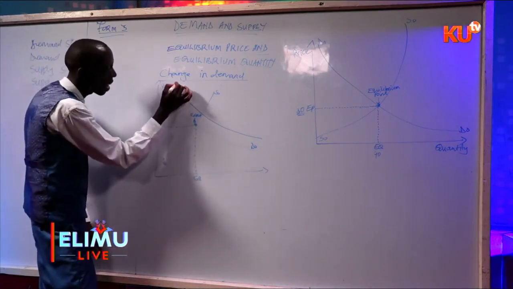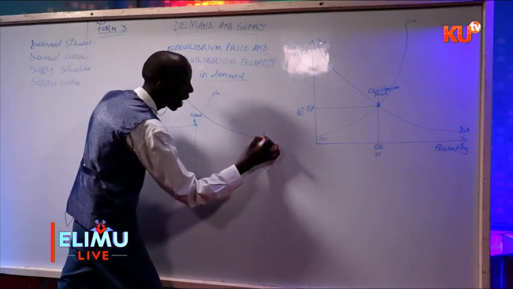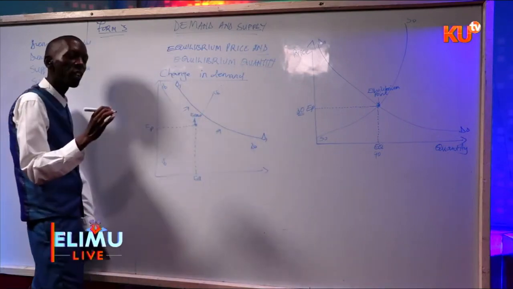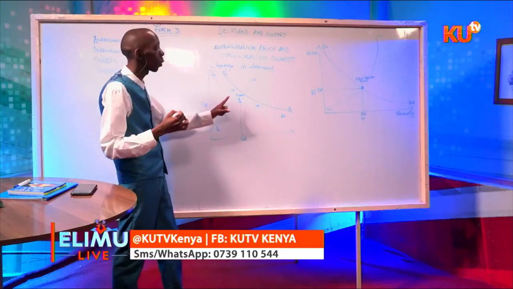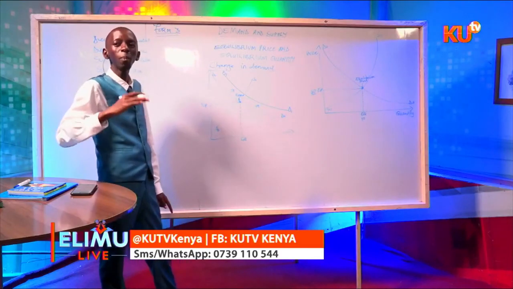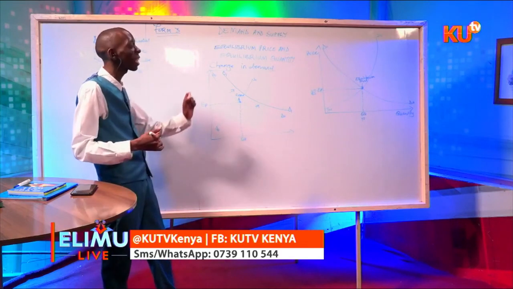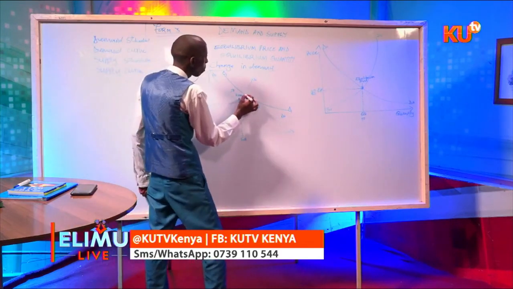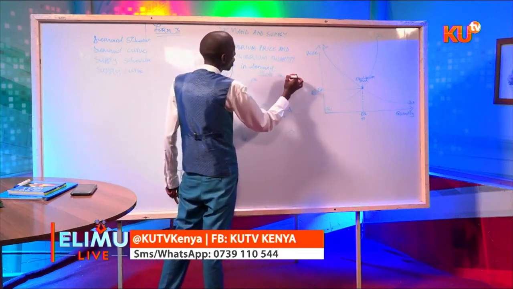The demand curve shifts from D0 to the right to D1, which means there is an increase in demand of the product that is caused by all the factors that increase the demand of a product except price. So what would happen to a shift in the demand curve to the right?